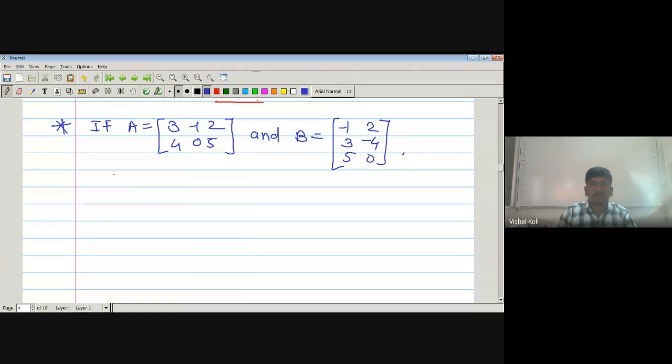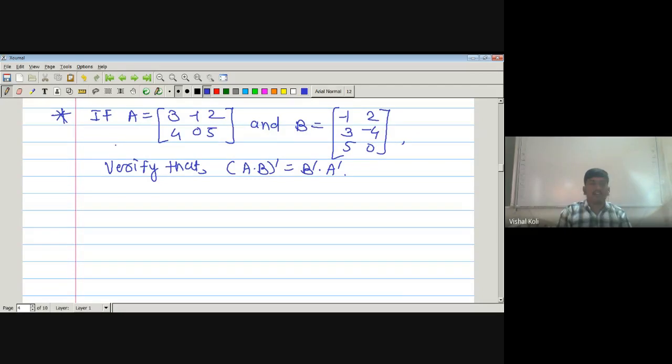Verify that (A into B) transpose is nothing but B transpose into A transpose. Okay. Now, first we will find out the product of A and B, then we will take its transpose. Okay, see its solution.